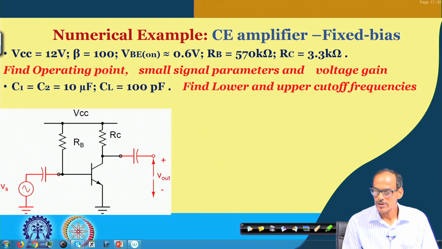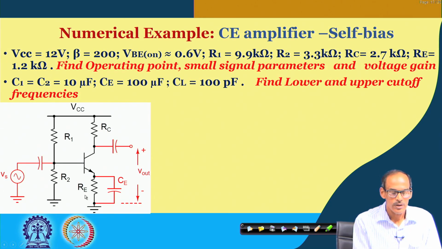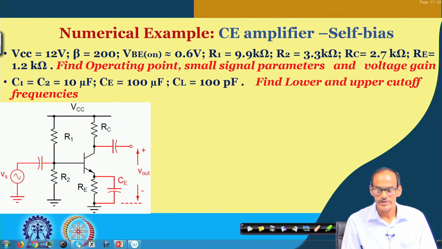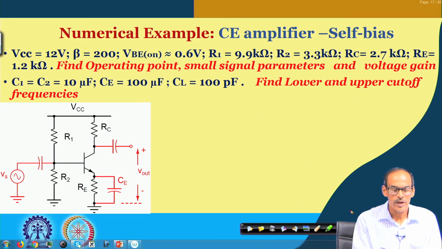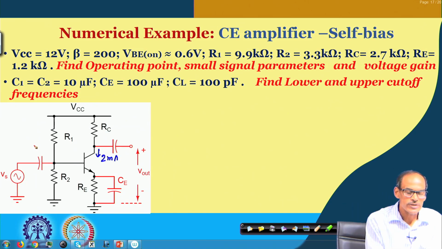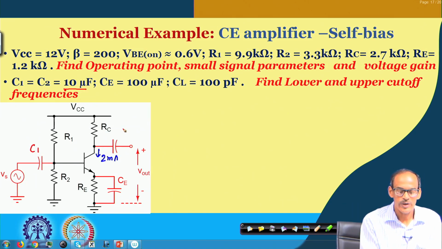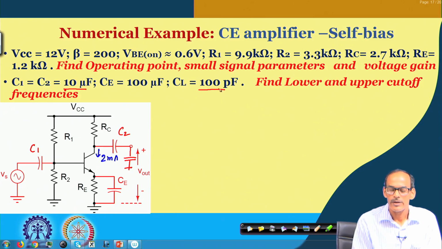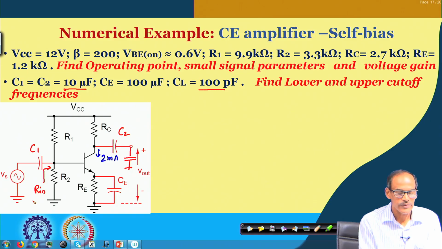So, likewise, if you consider the CE amplifier having RE and C, and if we have a similar kind of value of R1 R2, given such that the current is similar, namely 2 milliampere of IC, and then here we do have the C1 and C2 similar to the previous case, 10 microfarad, and CL also is given to us, 100 picofarad, and depending on the value of this R in, of course, we will be getting the input resistance.